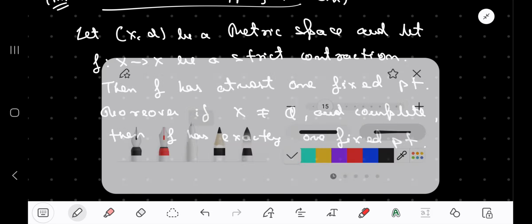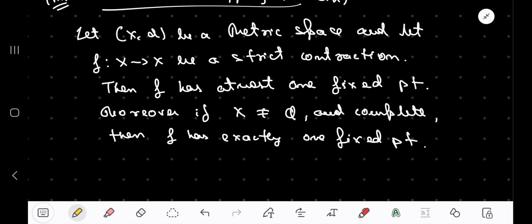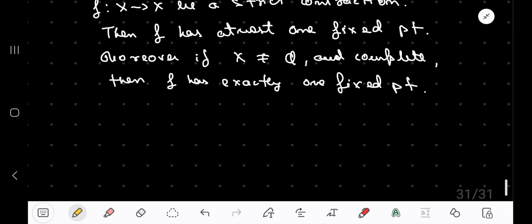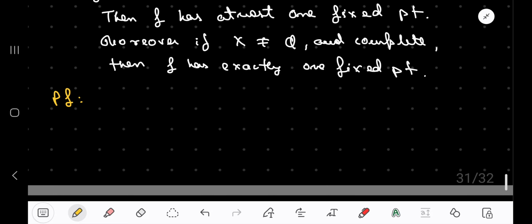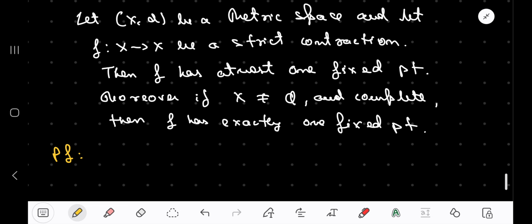And the proof is a bit technical but easy. So how do we prove it? Let me first analyze the statement of the theorem, and then we will figure things out. The first thing is that we have F to be a strict contraction, so we will have to use the definition of a strict contraction somewhere.